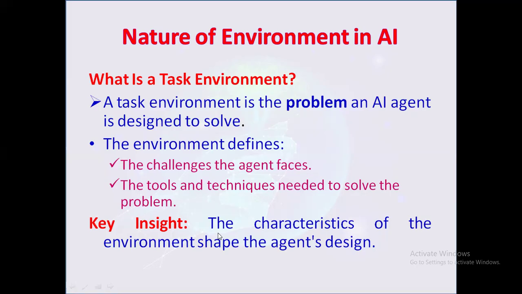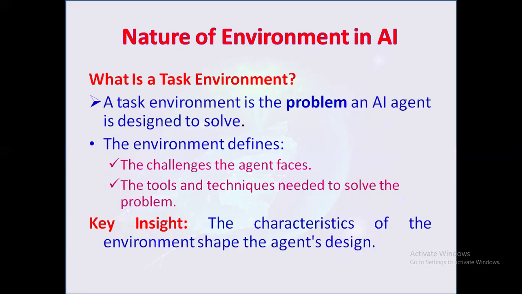And the key insight is that the characteristics of the environment shape the agent's design. The design of an AI agent is directly influenced by the nature of the task environment. For example, an agent designed for a game like chess will have a different design and decision making process compared to an autonomous vehicle navigating a real world city.